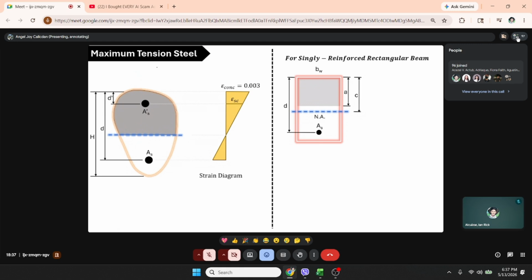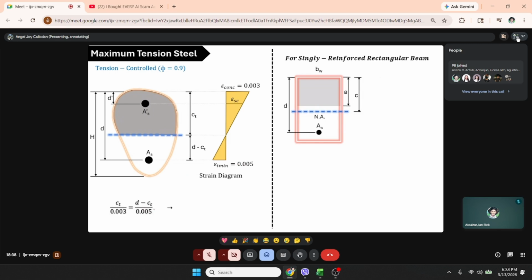So for maximum tension steel and tension controlled, the reduction factor is 0.9. So we have CT. Strain in tension controlled is at least 0.005.